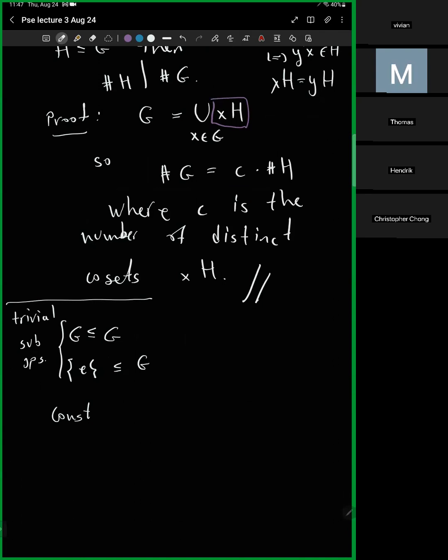Let's call it a definition. Suppose G and H is a subgroup, not necessarily finite.